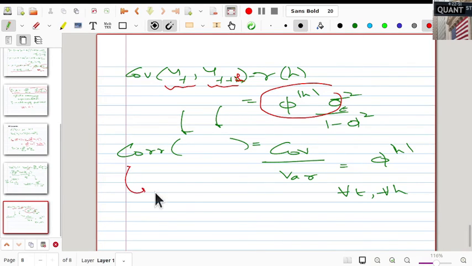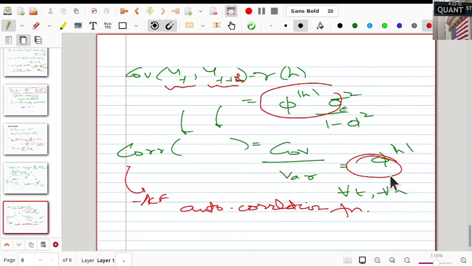So basically the ACF or autocorrelation function depends only on this parameter phi, which represents an enormous amount of parsimony in the model, but this has its own limitations, as I will show next.